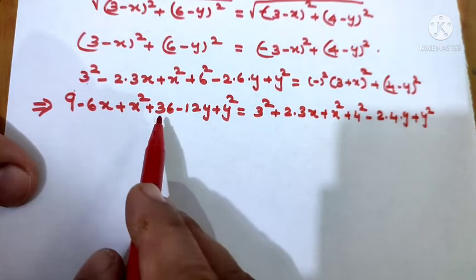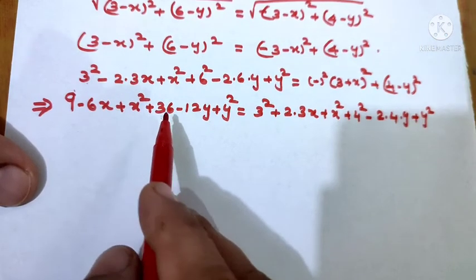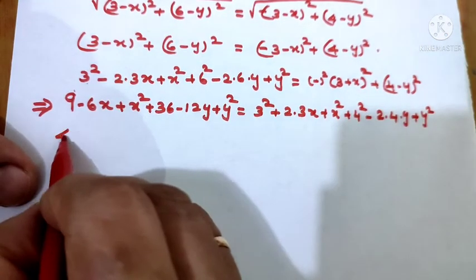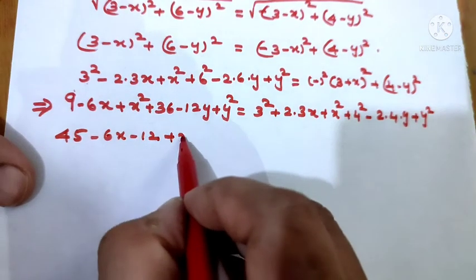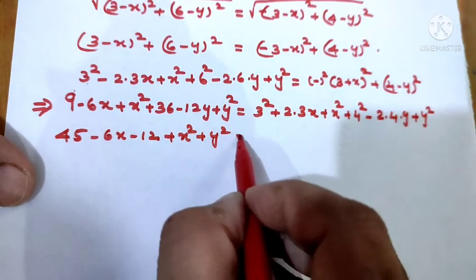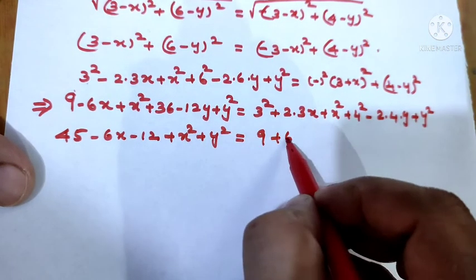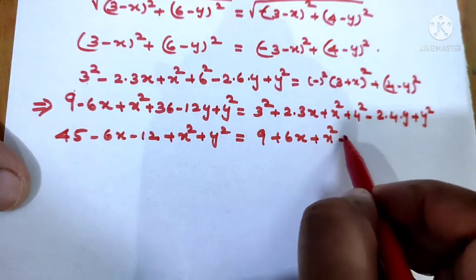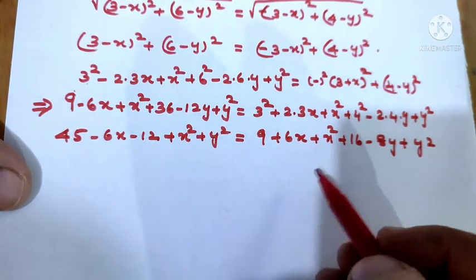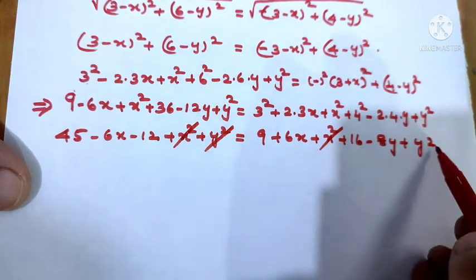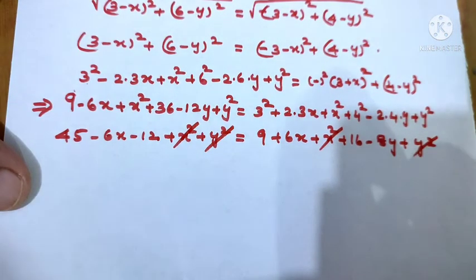So 9 plus 36, it is 45, minus 6x minus 12y plus x square plus y square, equals 9 plus 6x plus x square plus 16 minus 8y plus y square. So if you check, x square plus y square will get cancelled, right?